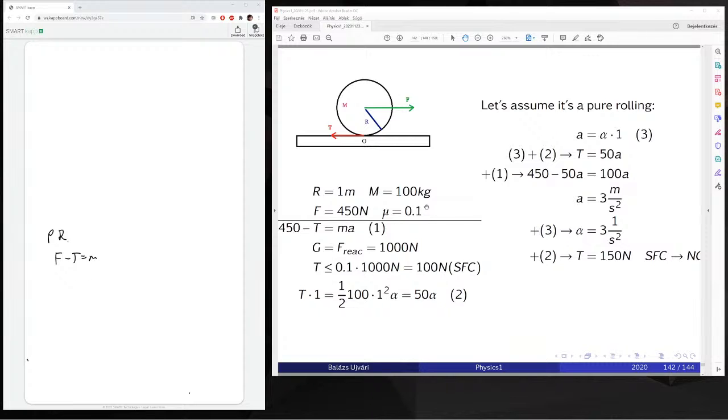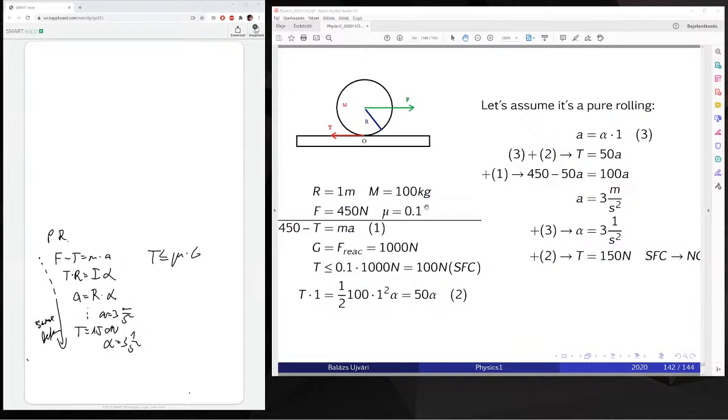T rotates through the angular acceleration, through the moment of inertia, and the pure rotation condition is a equals r times alpha, and of course T has to be smaller or equal than mu times weight. If you solve it, everything is the same, so you will get that T equals 150 Newton, a equals 3 meter per second squared, alpha equals 3, 1 over s squared. So the way we get it is just the same as before.